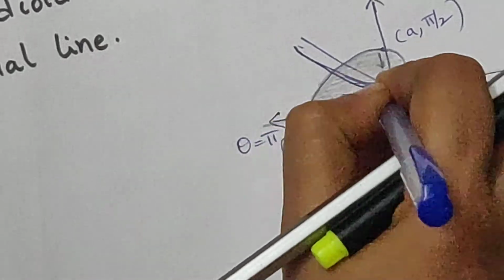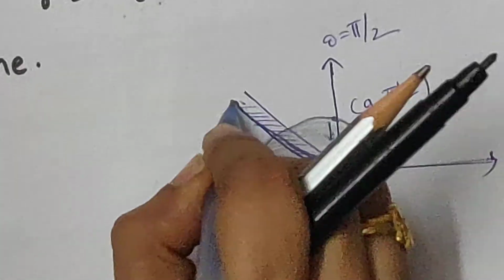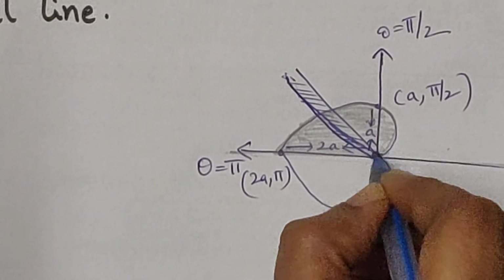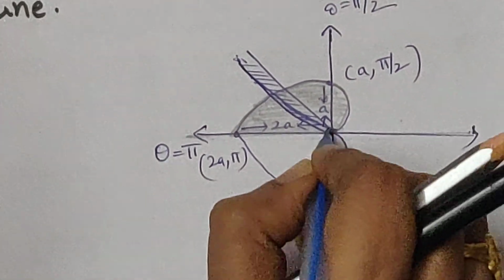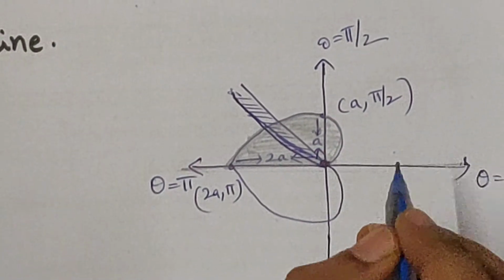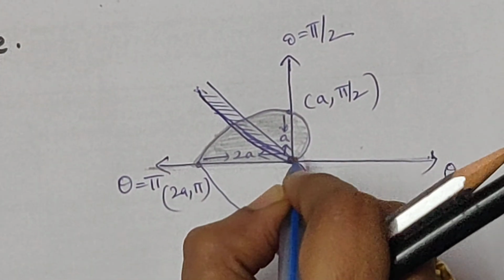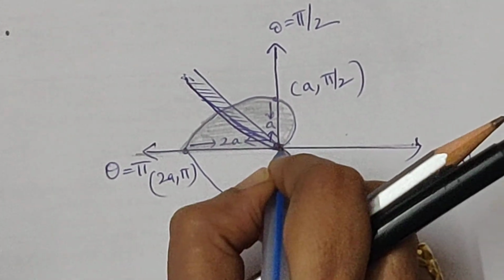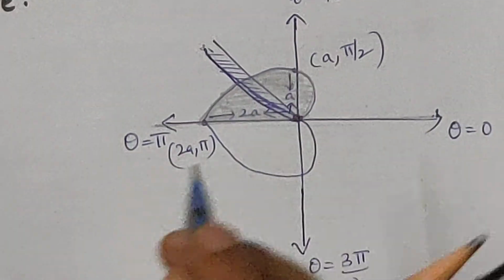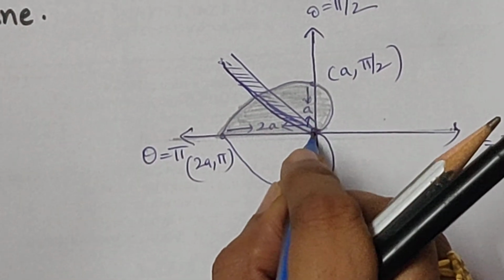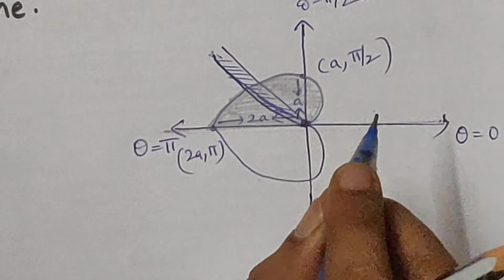So this is the radius vector. Clearly, the radius vector starts from the pole and passes through the region of integration. The pole (0, 0) is also in the region of integration, in the shaded part.